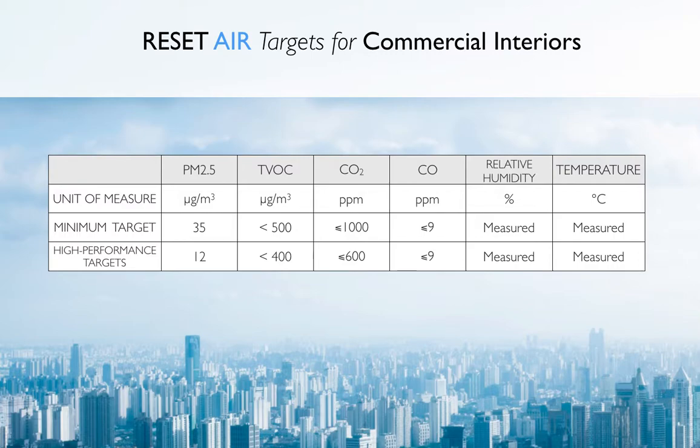But it might be that it's across multiple pollutants, PM 2.5, TVOC, CO2, CO. There's areas in the world where reaching a minimum target is going to be incredibly difficult for them. And if they do, they absolutely deserve to have some kind of celebration and we think a RESET certification.